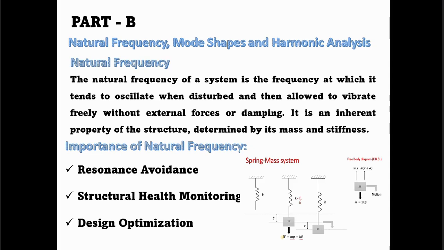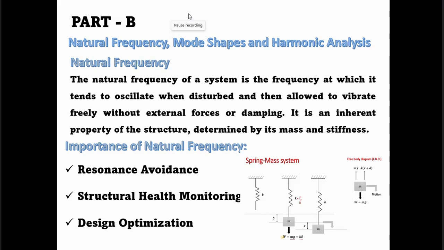Suppose a system or a structure is subjected to some periodic external force or excitation. If that external excitation matches the natural frequency of the structure or machine component, definitely the amplitude will reach infinity, which means the machine component or structure is subjected to resonance.